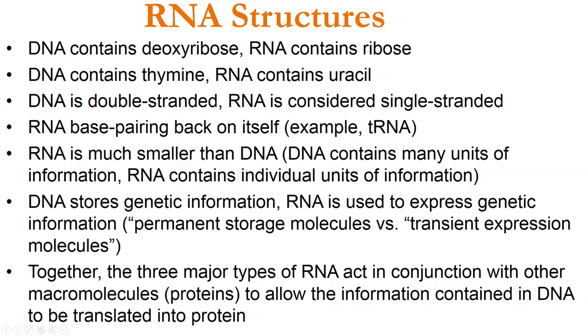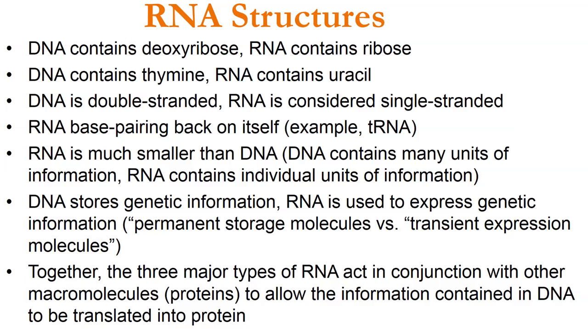Generally speaking, RNA is much smaller than DNA. Most DNA exists as a chromosome. Chromosomes in humans are huge. Even chromosomes in bacteria are huge. Sometimes, with a plasmid or the mitochondrial DNA, for instance, it could get small enough that you could potentially find an RNA bigger than that.